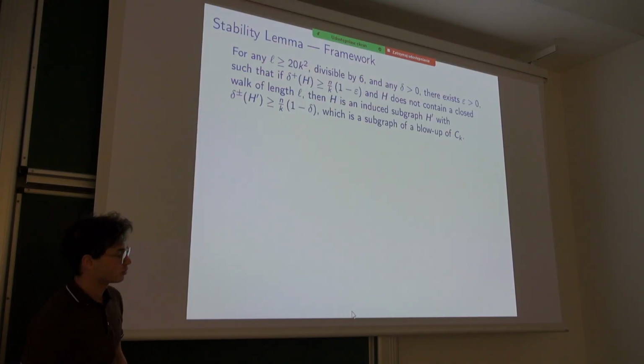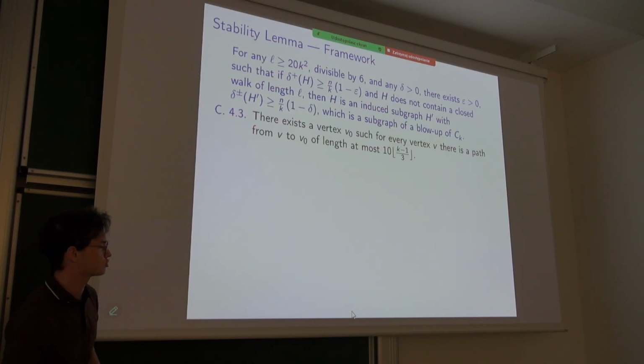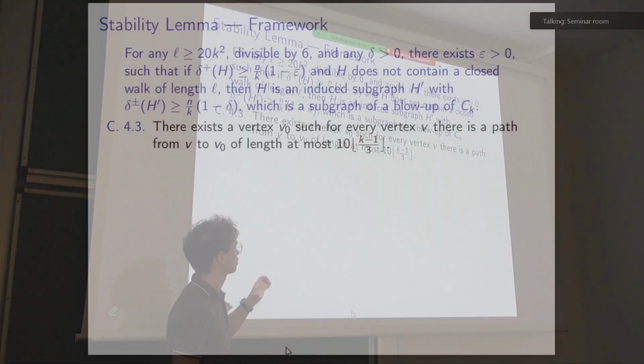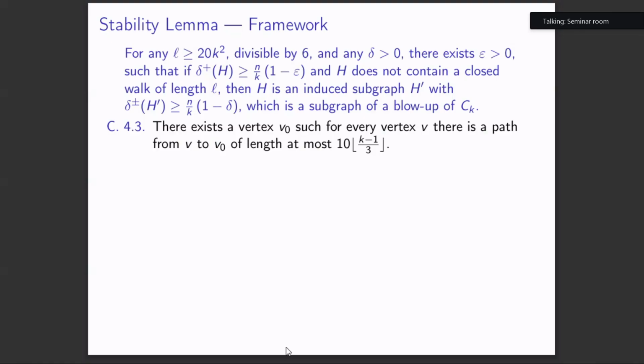The framework for the proof would be as follows. First, we would like to show that there exists some special vertex v, such that for any other vertex there exists a relatively short path to it. This is our workaround for the problem that we do not have a bounded diameter, by the way.